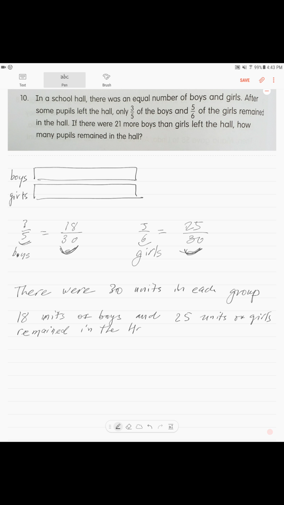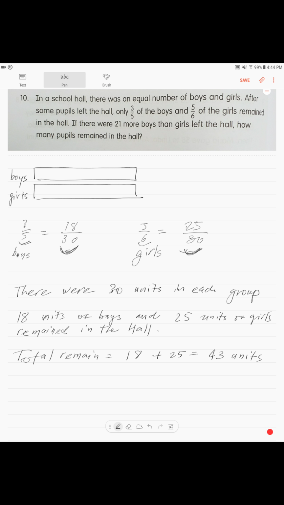So we can calculate our total remain. Total remain is 18 units plus 25 units is equal to 43 units. 43 units of students remain.